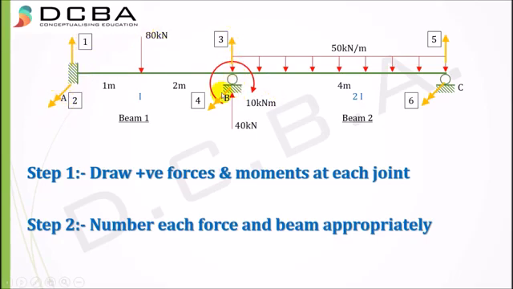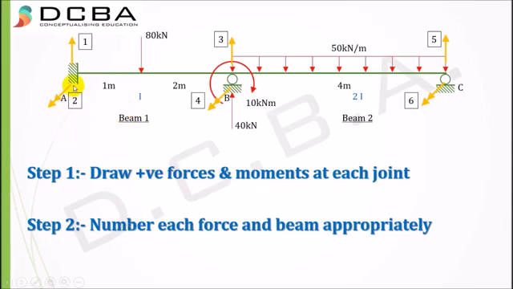Similarly, the upward force then moment, the upward force then moment. So 1, 2, 3, 4, 5, 6. You have to write the numbers this way only. You cannot interchange the numbers, because then your matrix will get interchanged and you cannot use the matrix that I'll be using in this problem. So the numbering has to be done this way: first the upward force, then the moment.